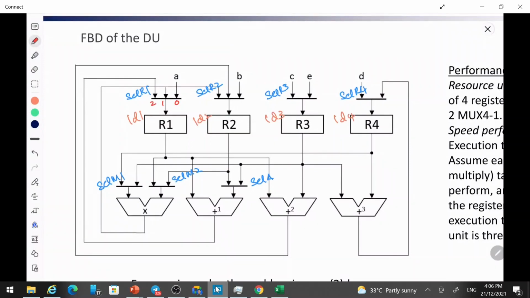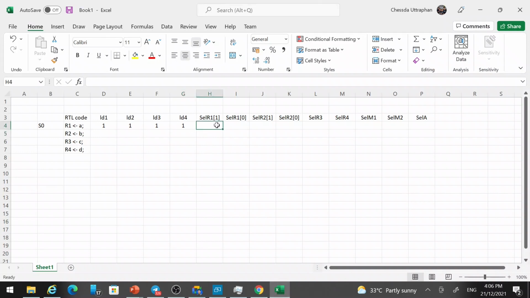If 1, 0, or number 2, we will select this line, which is adder number 1. Same for the others: 0, 1, 2. So when we want to select A into R1, this SEL R1 must be 0, 0.